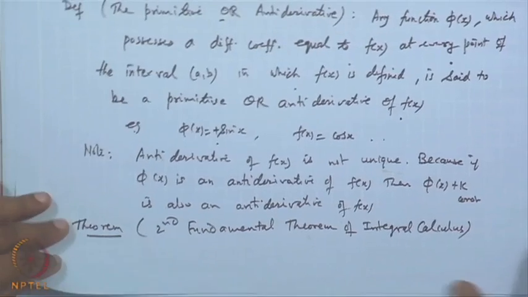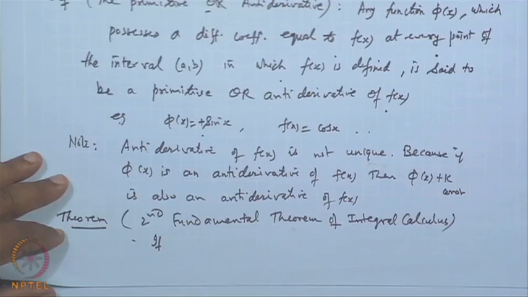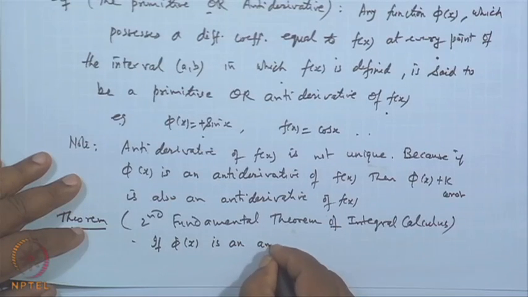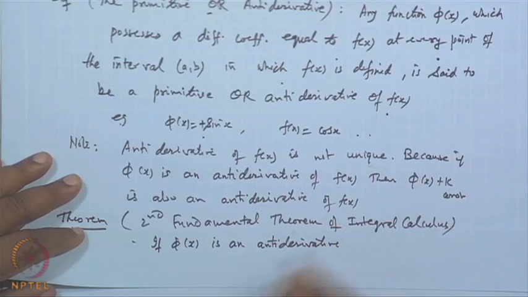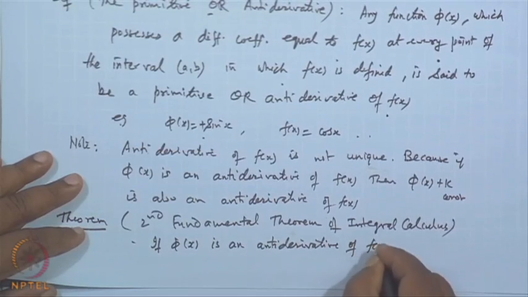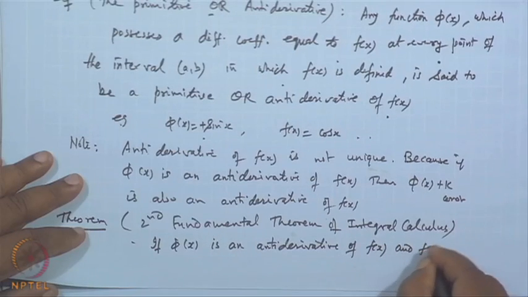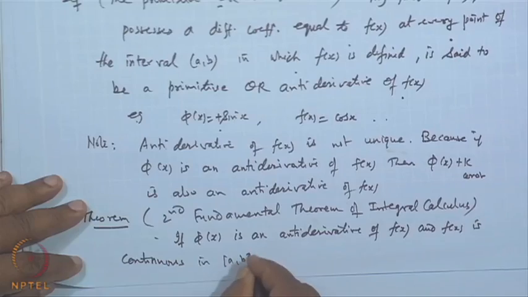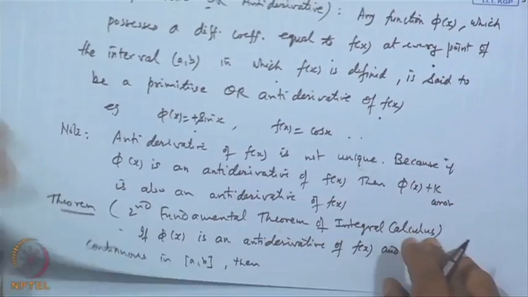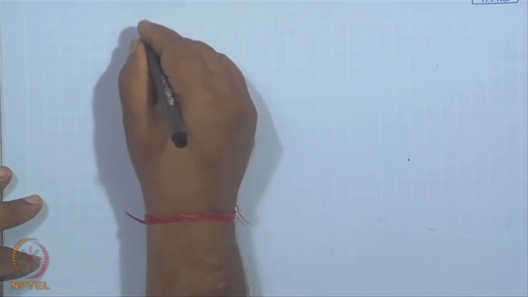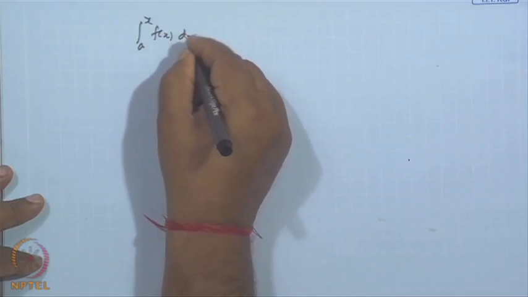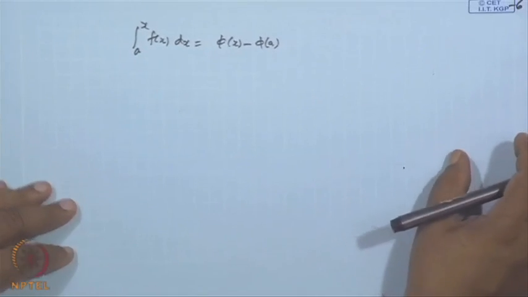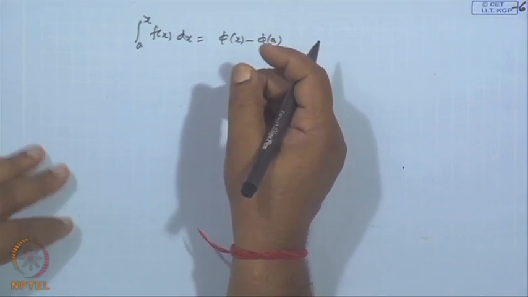What this theorem says is, if phi(x) is a primitive, an antiderivative of f(x), and f(x) is continuous in the closed interval [a, b], then the integral from a to b of f(x) dx is equal to phi(b) minus phi(a). This is also known as Newton's formula, of course.